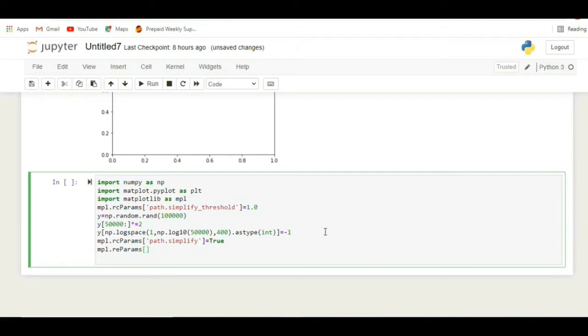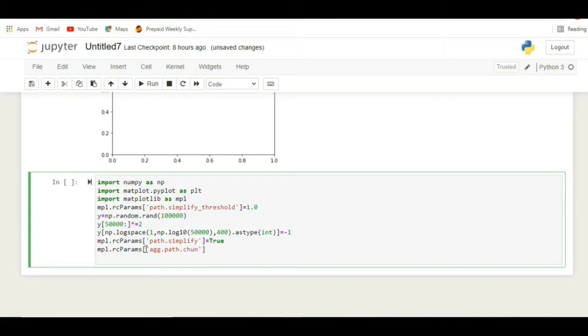A single spelling mistake means the code will not run and you can't get the result. So here you write inside single quotation marks 'agg.path.chunksize'.